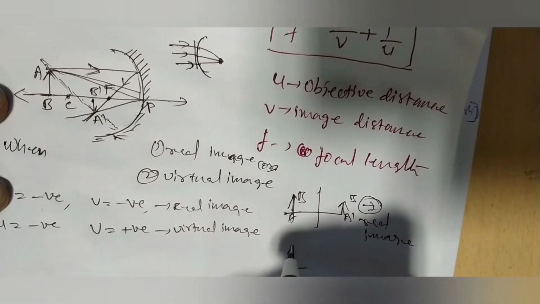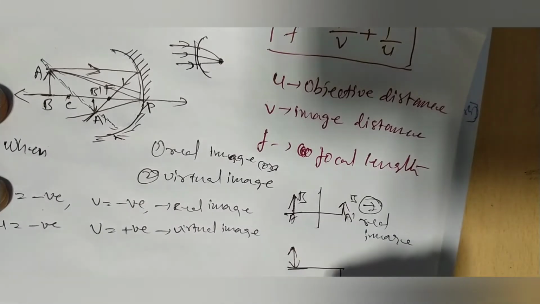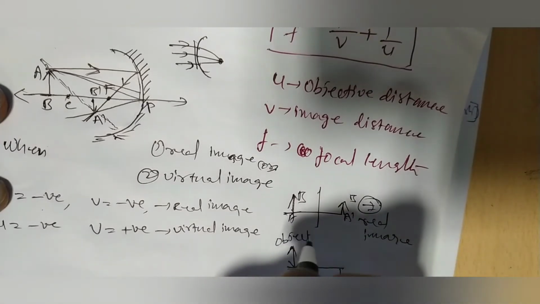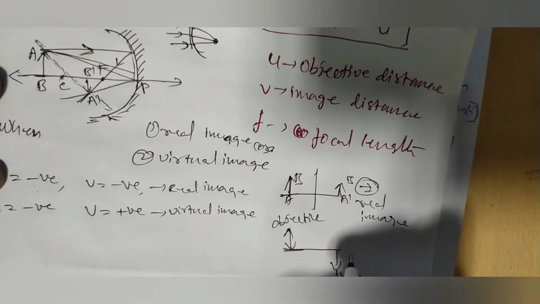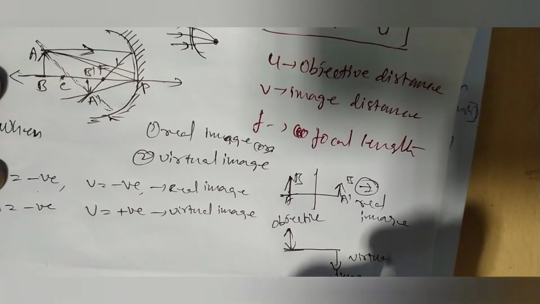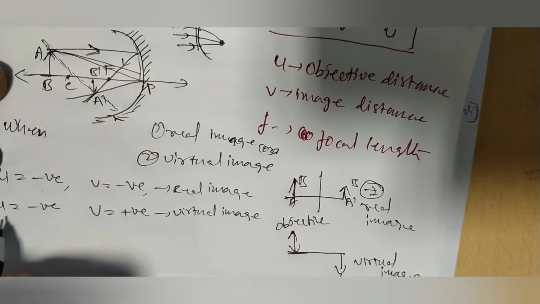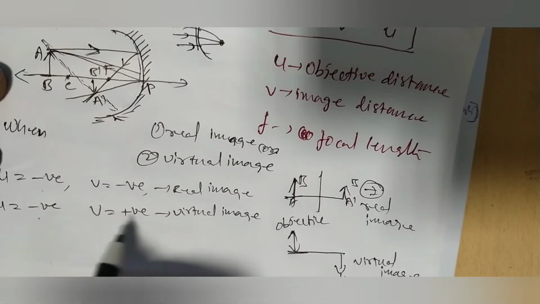Suppose this is the object and this is the image, it is a virtual image. That means the object distance is negative and the image distance is positive.